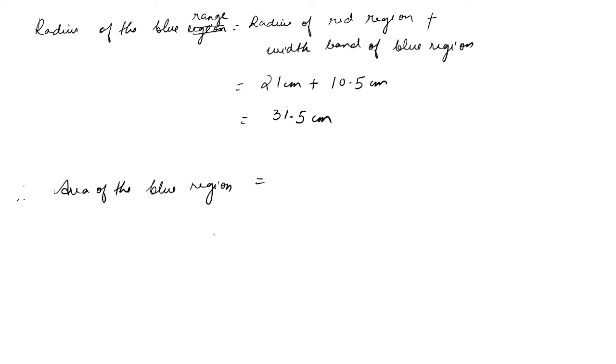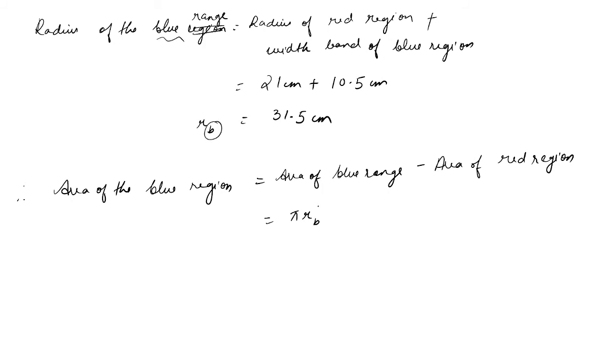So we can write this as the area of the blue ring minus the area of the red region. Clear? So this will become pi rb square. I'm writing this as rb. Remember, we're talking about the blue region, so I've written here b. So pi rb square minus pi small r square.